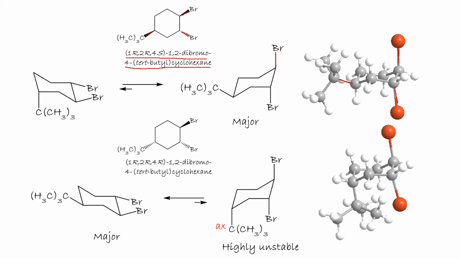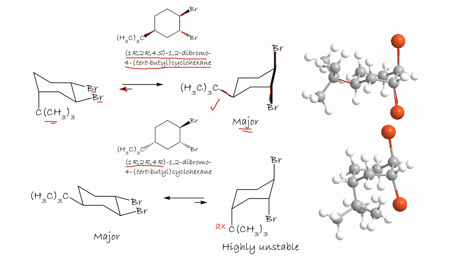We will find that this conformation is the most stable of the 2 possible chairs. The other one will have Br equatorial, but the tertiary butyl group axial. That's not stable, so this one is more stable, and the reaction will take place because the Br are anticoplanar.